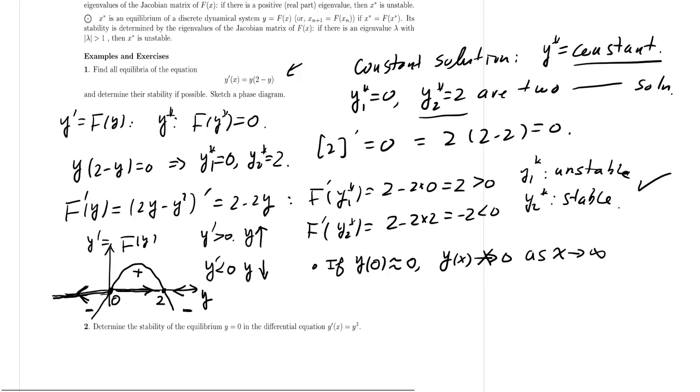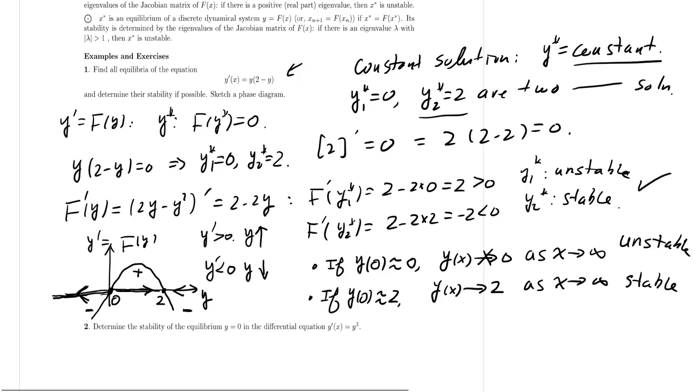So that means unstable. And if y of 0 is approximately 2, near 2, then y of x is approaching 2 as x goes to infinity. And this is called stable. This one over here, in fact, is called asymptotically stable, and this one is unstable. Okay. So that's the basic concept about stability of an equilibrium.